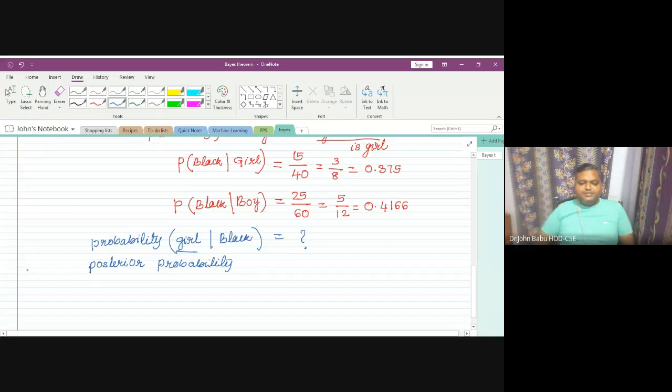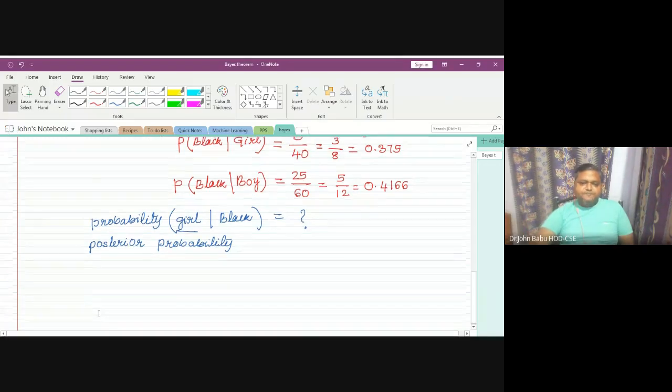Posterior probability. Now, instead of these numbers, let us make some generalization.